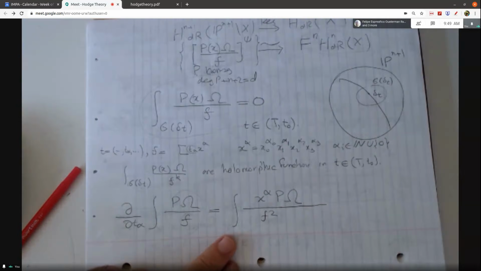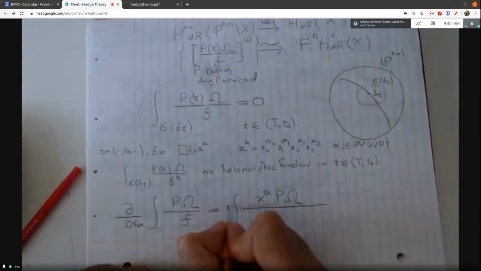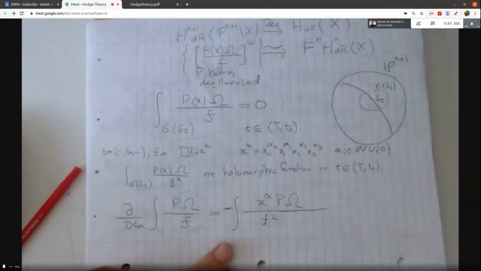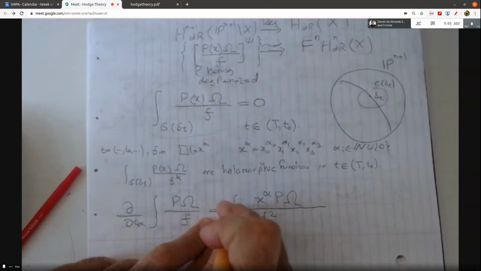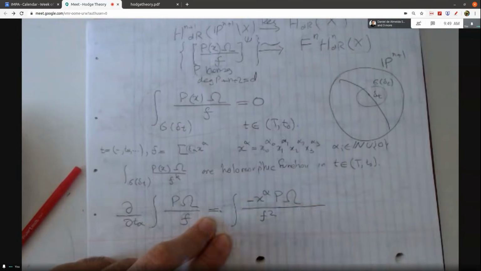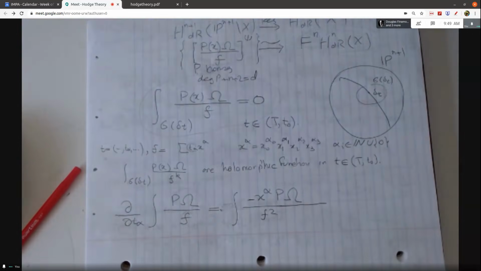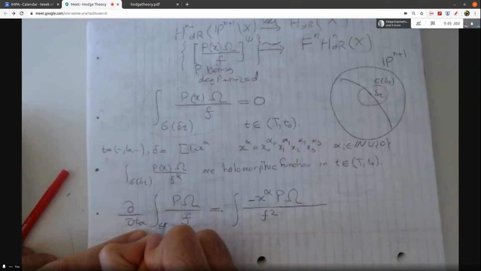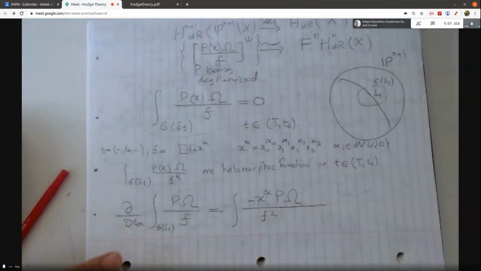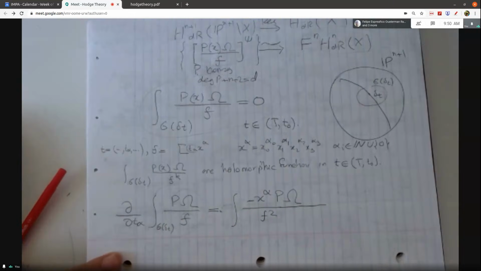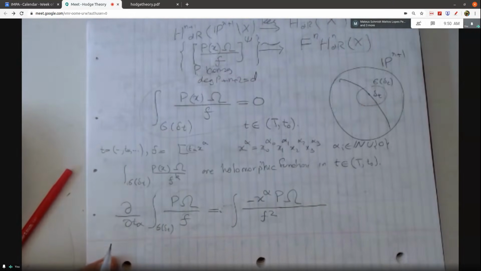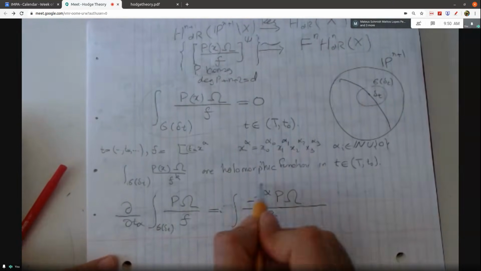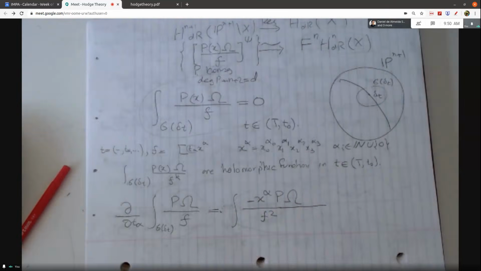Let me see if we have a sign. Up to sign level, we have a sign also here. Anyway, if this integral is identically zero, its derivation is also identically zero. In particular, all these things are zero.